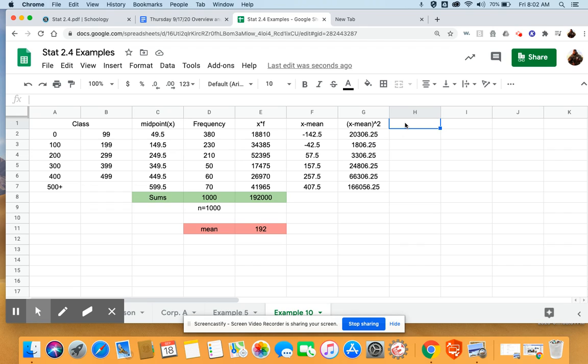So now we have another column. We take that x minus the mean, the deviation value, that we have squared. We need to multiply that times our frequency. So we need to take this number here and multiply it by our frequency number.